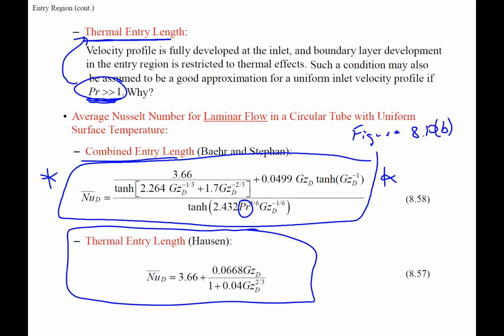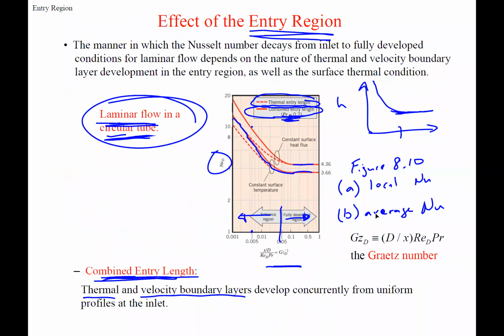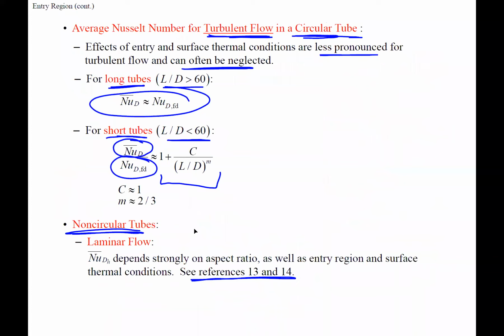The equation is really good if you're putting it into something like MATLAB, doing a parametric study or design, because you don't want to keep looking something up in a figure or table when you're trying to iterate design. So we have this equation. We have to get the Graetz number, which is this. In our situation, it's the full length, so X becomes L, and we can solve for that. Okay, so let's see.